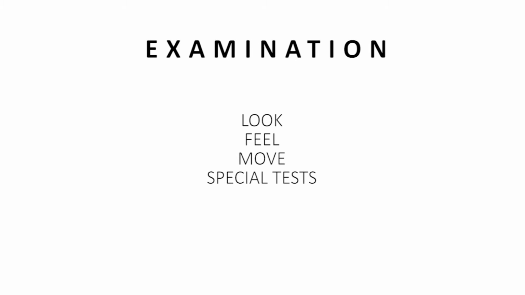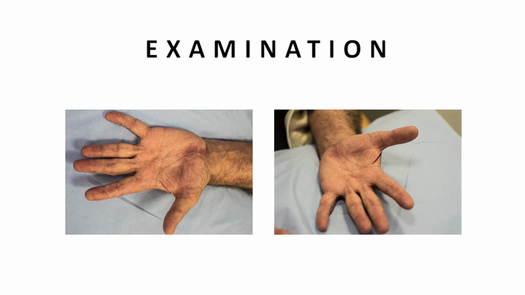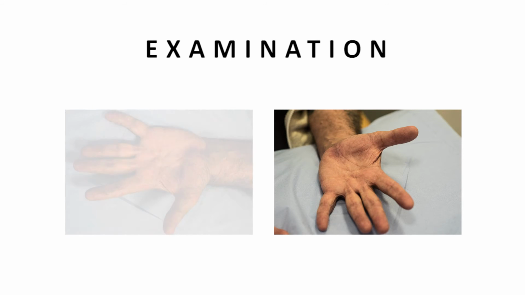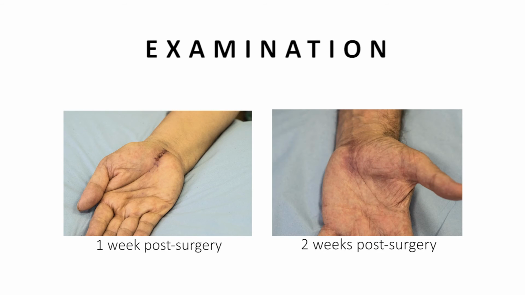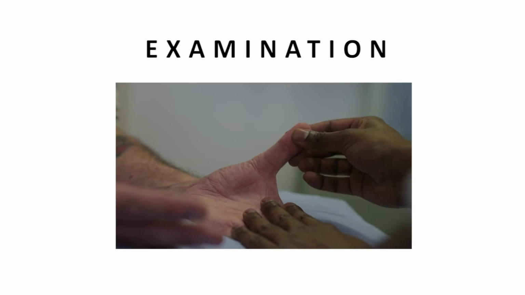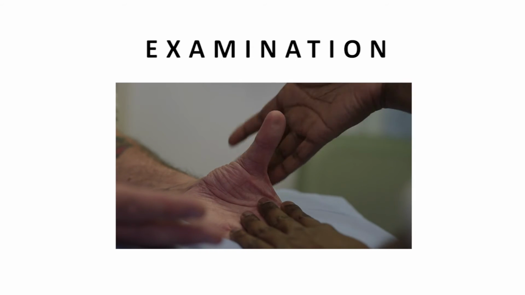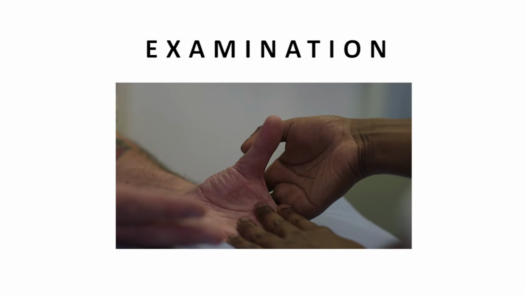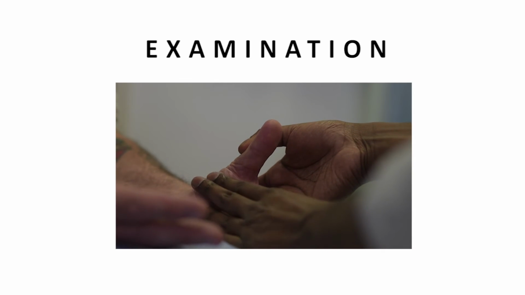When examining the hand, we use the general structure of look, feel, move, and special tests. When inspecting the hand, look for thenar wasting, carpal tunnel surgery scars, and any other swellings in the wrist. To test motor function, palpate the drumstick-shaped thenar eminence while testing resisted abduction.